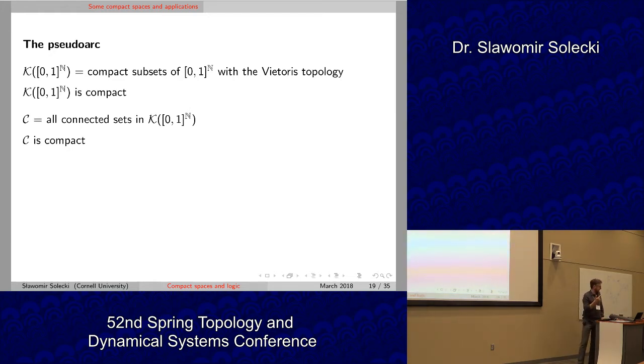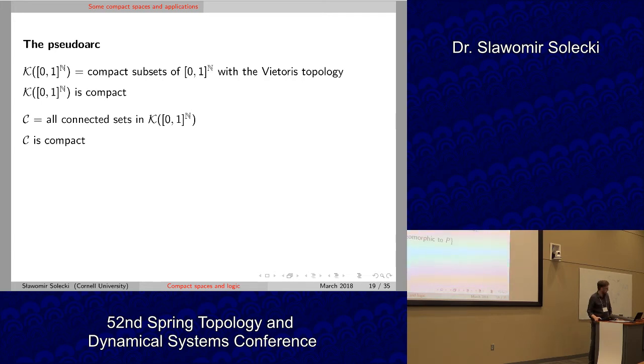Then you look at subsets of the Hilbert cube [0,1]^N that are connected and compact. So the script C is a subset of K([0,1]^N), and it's compact. It's Sierpinski's observation from the 30s.